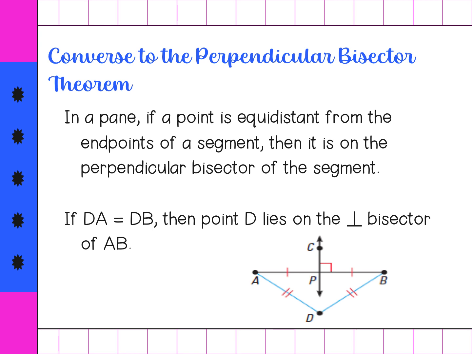You're given a segment, here's our segment AB, and we have this point over here, point D, and we notice that AD is congruent to BD. What that means is that point D must be on the perpendicular bisector. Right now, notice that CP is definitely the perpendicular bisector. This is perpendicular, and the segments are cut into equal parts. So if I extend this, I know that D is on line CP. It has to be because of this converse.